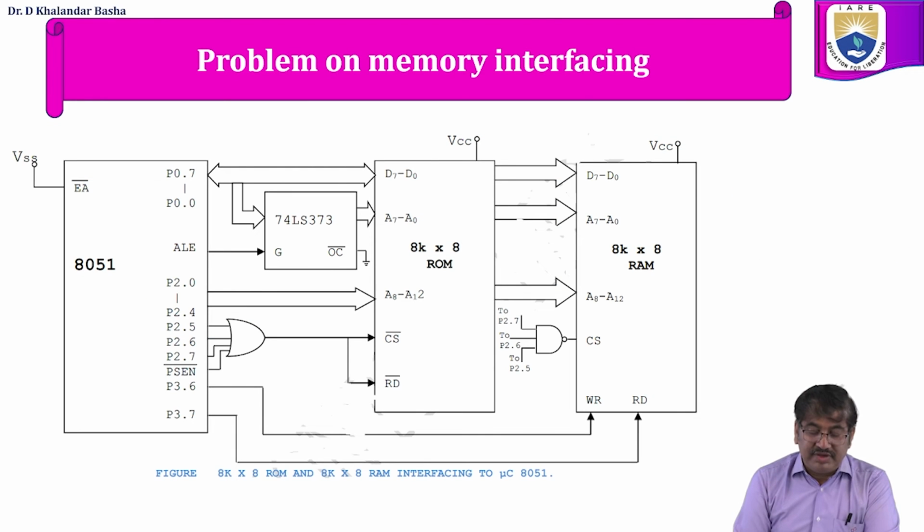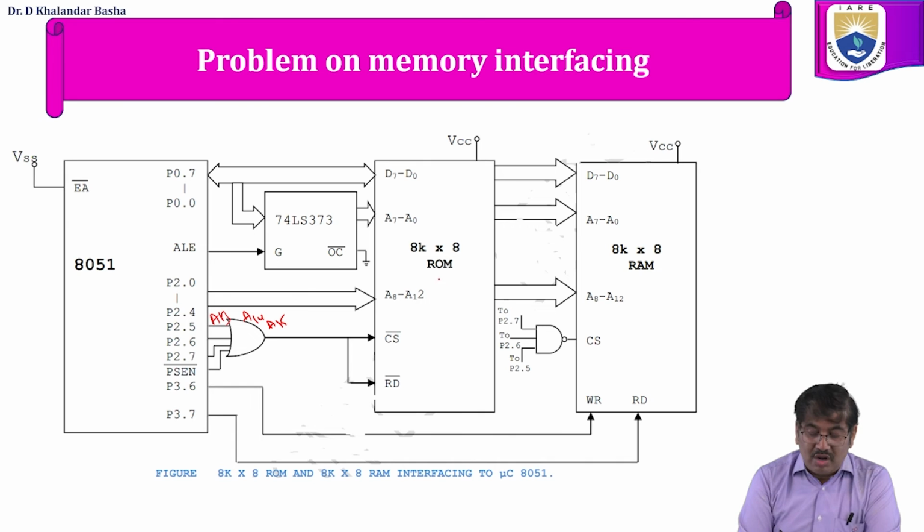Now the interfacing diagram looks like the figure shown, with 8K ROM and 8K RAM. In the address map, both have the same address space, that is A0 to A7 followed by A8 to A12. The remaining address lines, that is A13, A14, A15, are used for chip select.